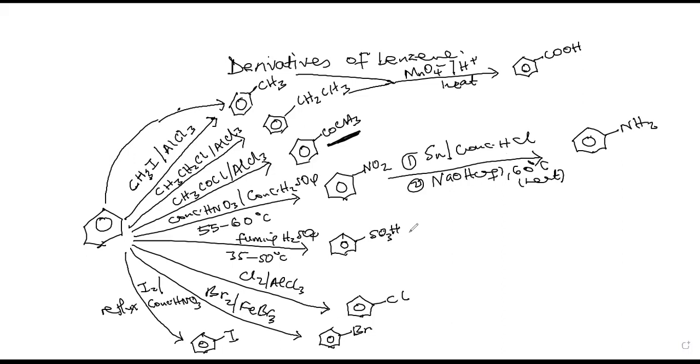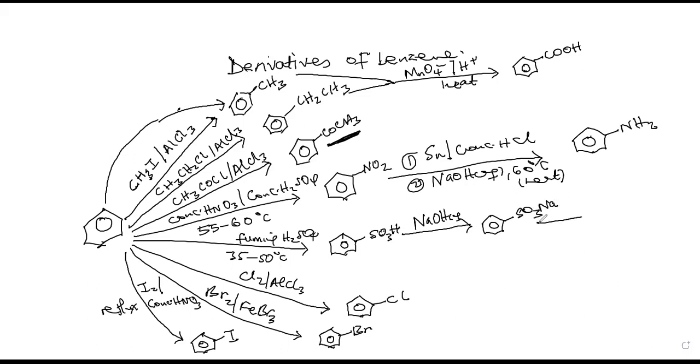Then you can treat this benzene sulfonic acid. You can take it to phenol. How? You can treat this with aqueous sodium hydroxide so that you form SO3Na.